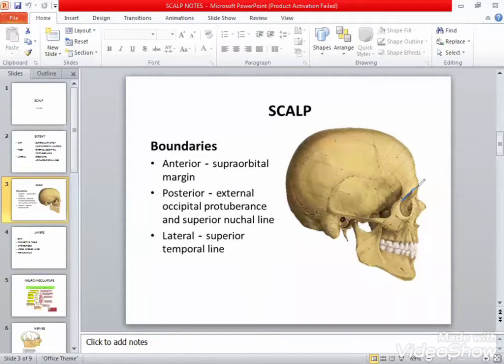This is the supraorbital margin that forms its anterior border, its anterior margin, posteriorly the occipital protuberance and superior nuchal line, and laterally the temporal lines. So this is all skull. Okay, these are the boundaries of the skull.